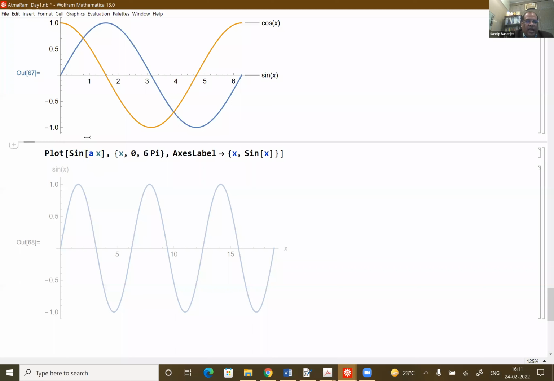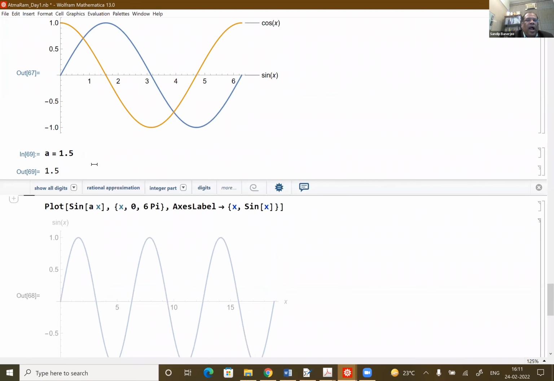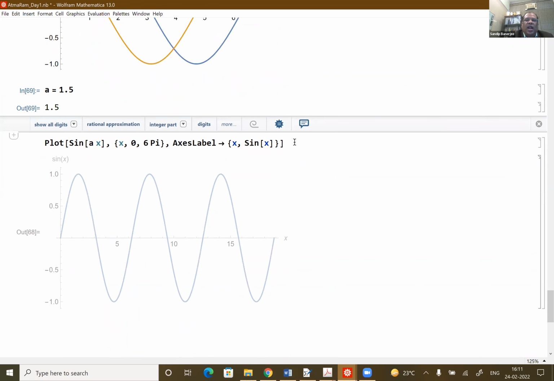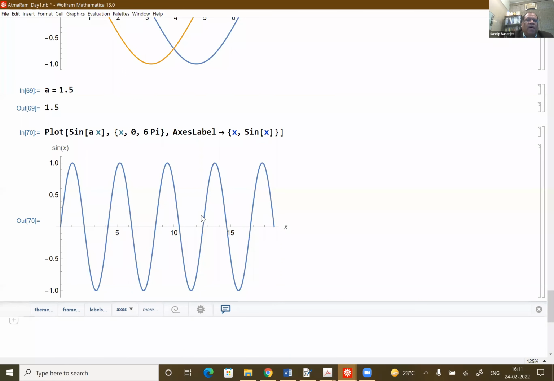So I put, say, a equal to 1.5 before plotting. I attribute the value a as 1.5, and then this will be the graph when a is equal to 1.5. Now I want to see what will happen at 1.6, 1.7, 1.8, and how the graph changes.